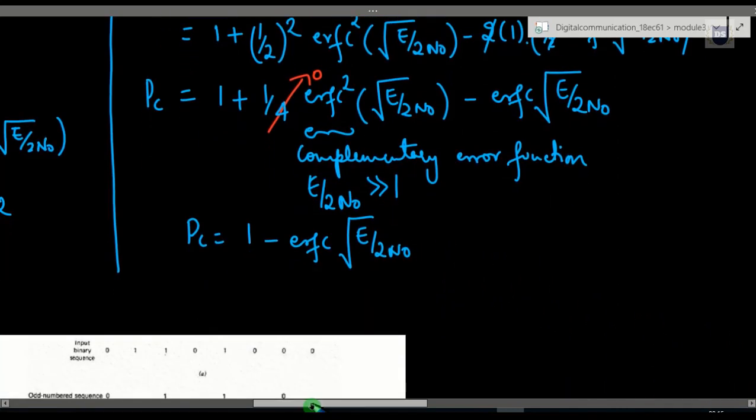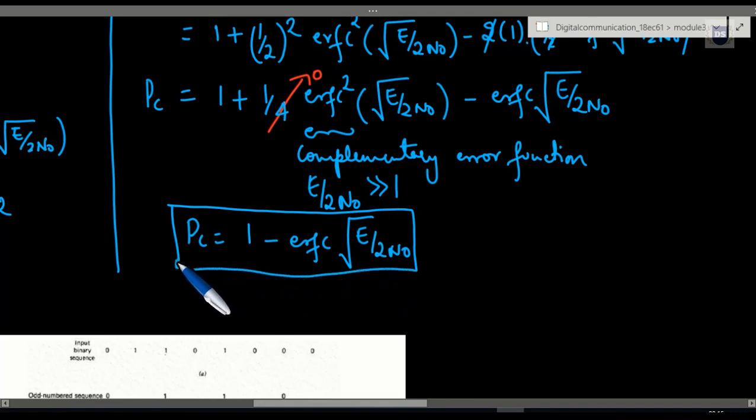And as a matter of fact, this PC formula that we have just arrived at can be mapped onto PC equal to 1 minus PE.